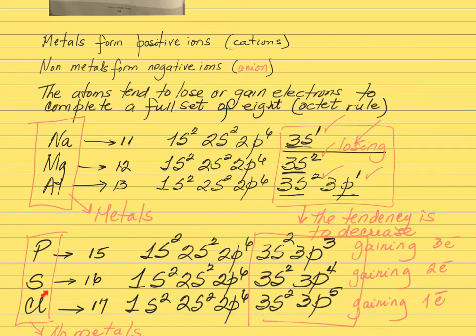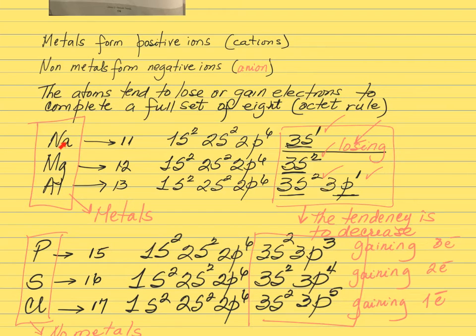Now, we are in the same period. When you look at the electron configuration, look at the ending. These 3 metals and these 3 non-metals that I have over here are in the same period. So, atomic radius, remember, metals are going to form positive ions, cations, by losing electrons.